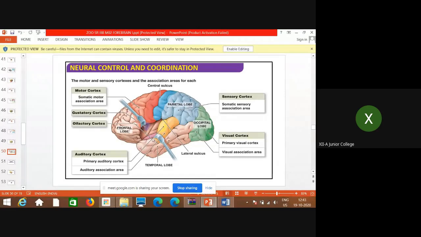That means tongue, ears, and the sense of smell. All three sense areas are associated with this.